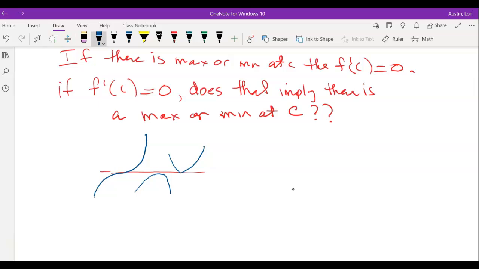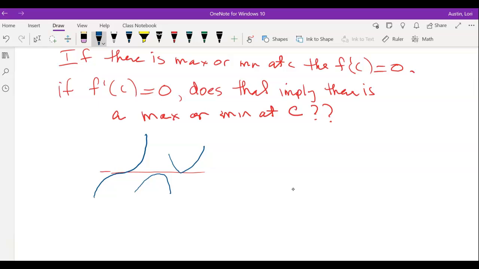So the point of all this is to get you to understand all the possibilities that occur when you have either f prime of c equals 0 or f prime of c not existing. Yes, you can have on a graph a horizontal tangent line. F prime of c equals 0 does not mean it's automatically a max or min.